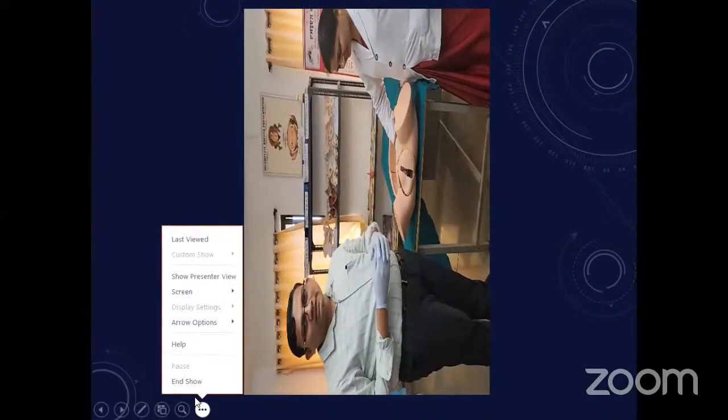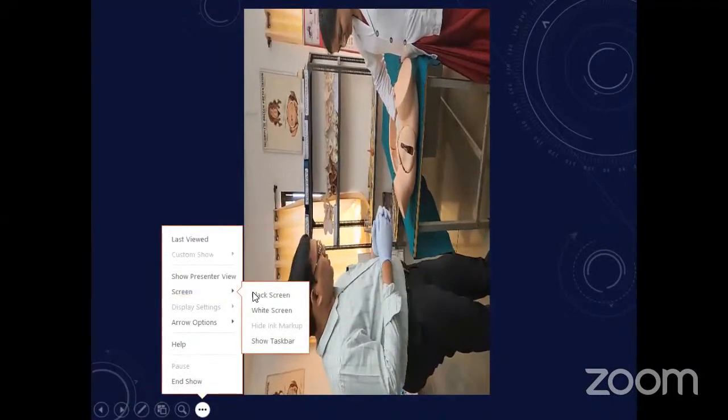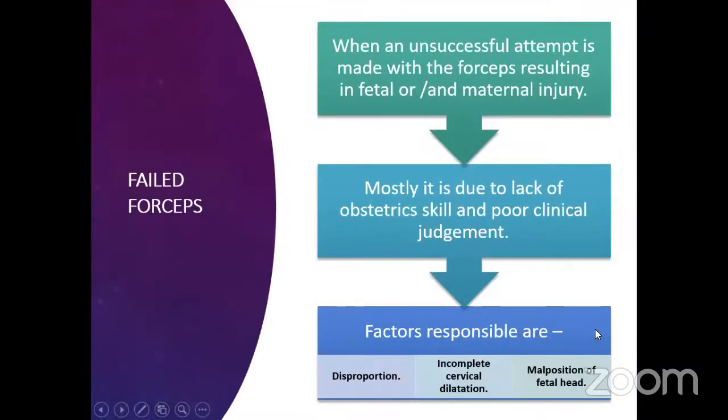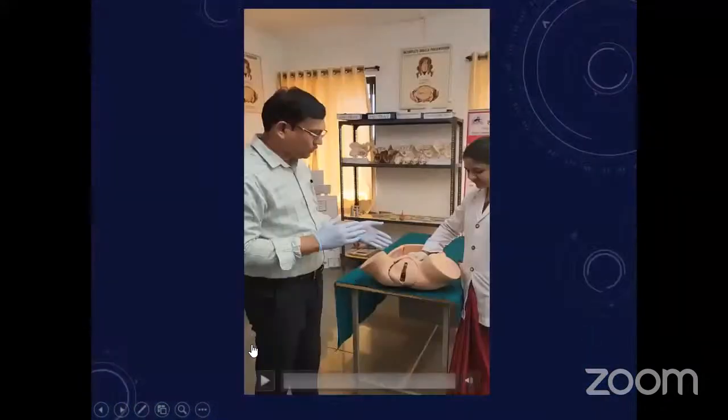Rotate the screen also. Is it audible now?